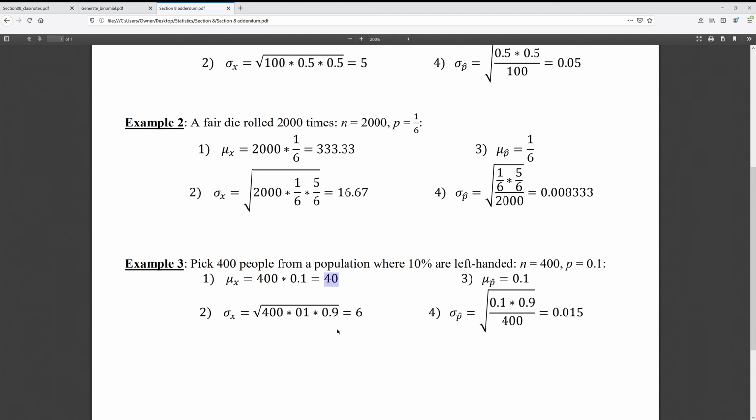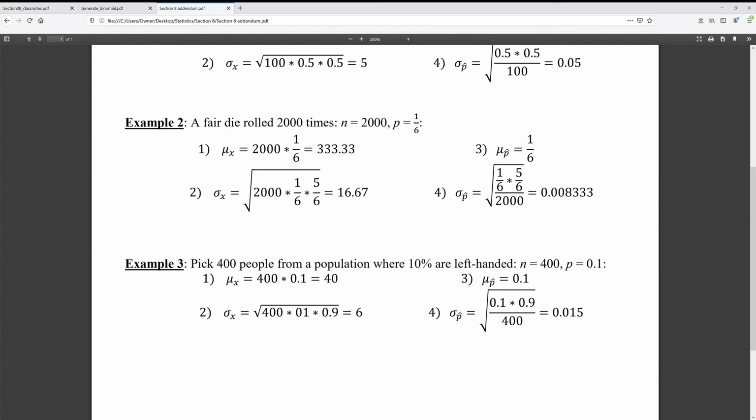And then the square root of that is exactly 6. These don't generally tend to be nice. That was a bit of a coincidence. So there you go. On your average sample, you'll get 40 left-handed people, give or take 6, right? 32 wouldn't surprise me. 46 wouldn't surprise me. The further away you get, it starts to get a little surprising, a little weird.